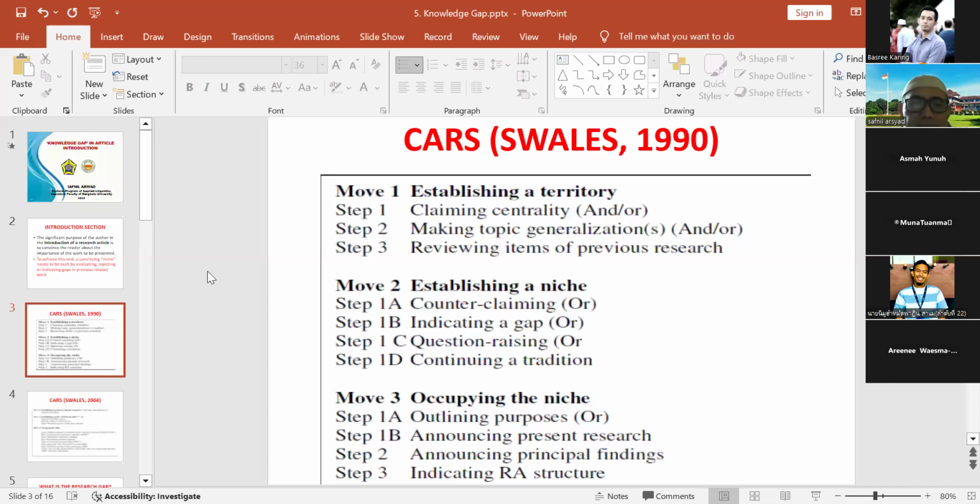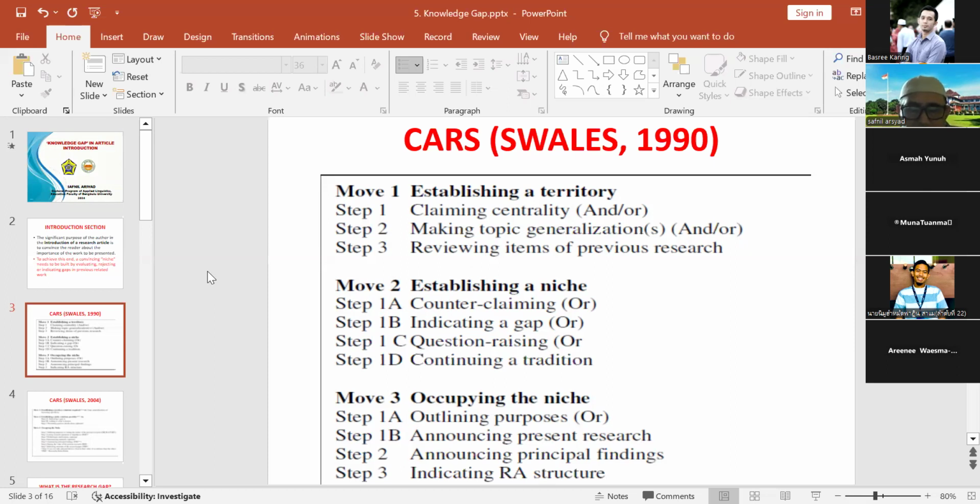So the quality of the research gap depends on the relevance, the newness, and the quality of the research articles that we review. If we review only local articles, I mean articles published in local journals, then our article is not suitable for international journals.